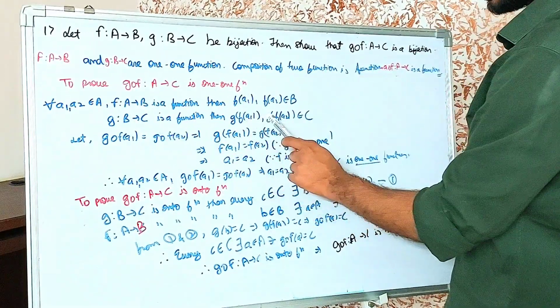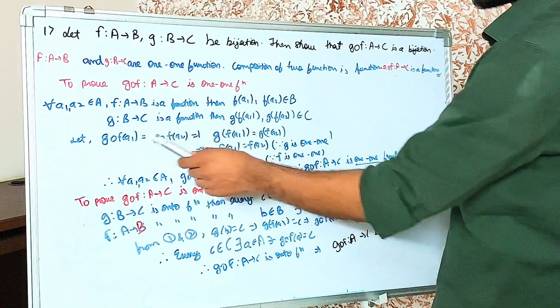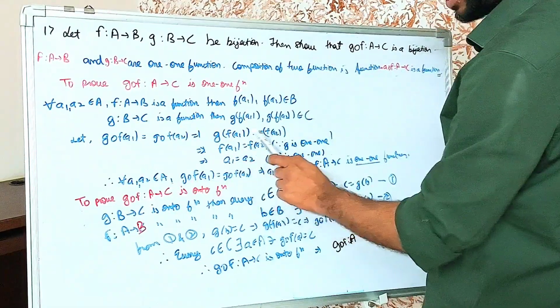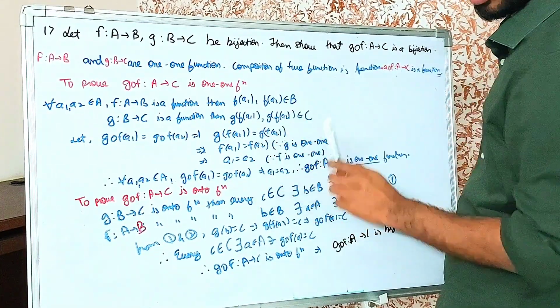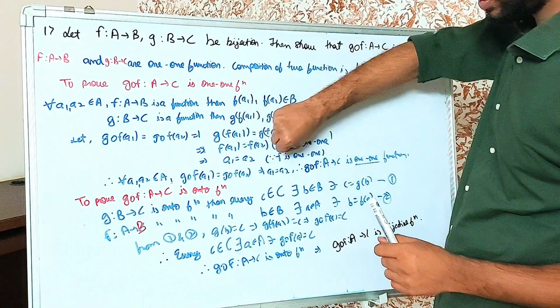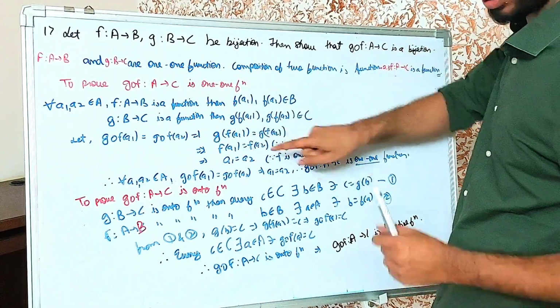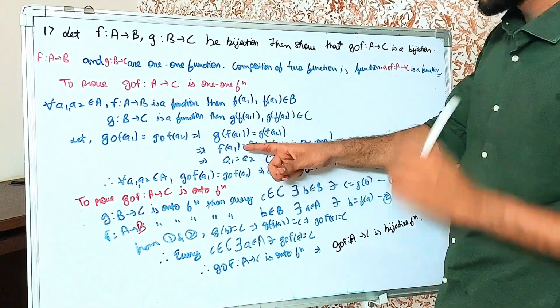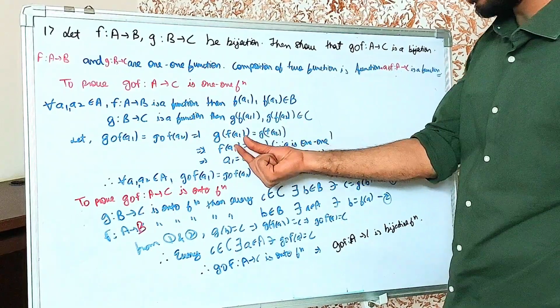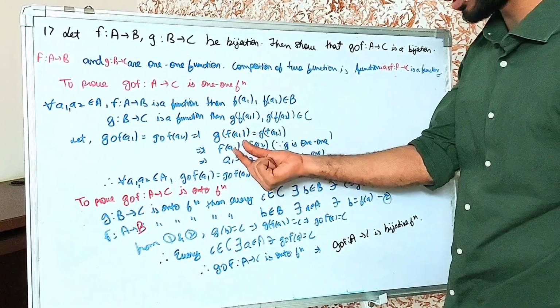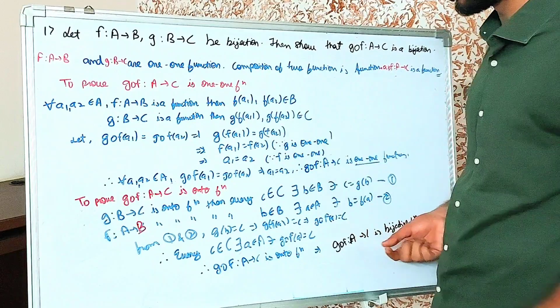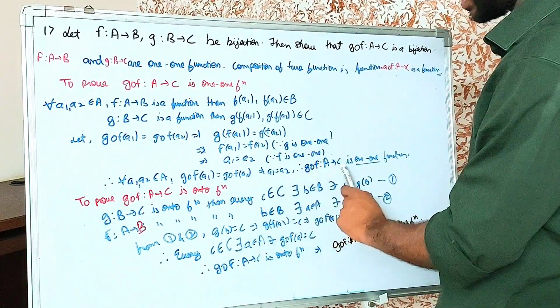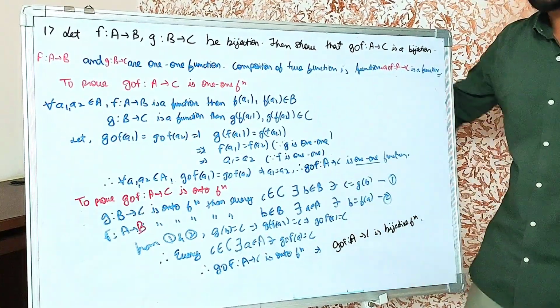So g of f of a1, f of a2 belongs to C. Now let g of f of a1 equal to g of f of a2. Since g is a 1-1 function, g of something equal to g of something, so something equal to something. Something here is f of a1, so f of a1 equal to f of a2. Now f of something equal to f of something, so a1 equal to a2. Since a1 equal to a2, we can write g o f is also 1-1. So yeah, we proved 1-1 and onto.